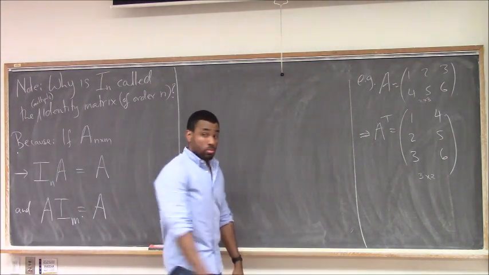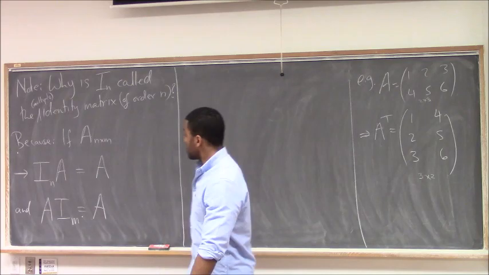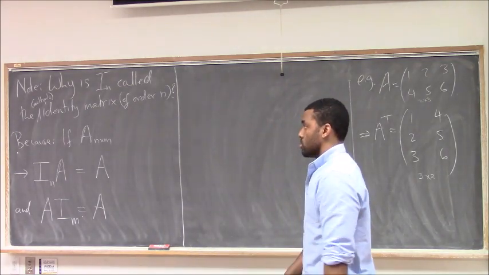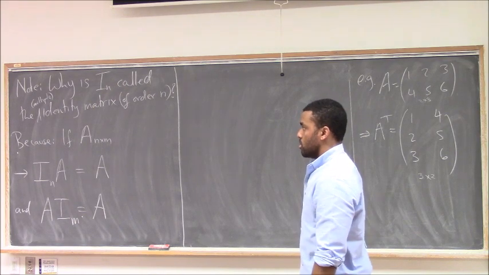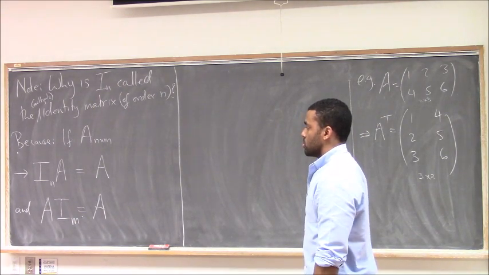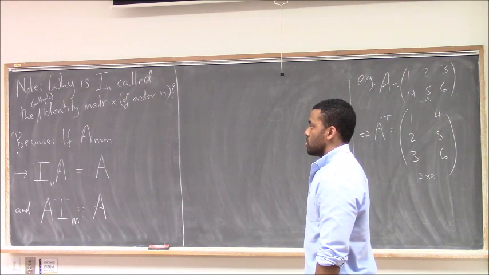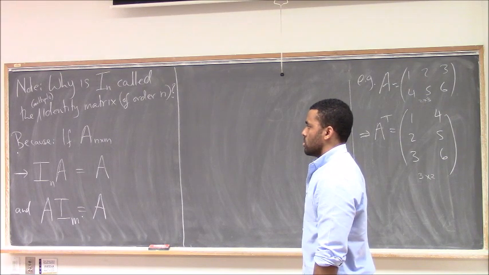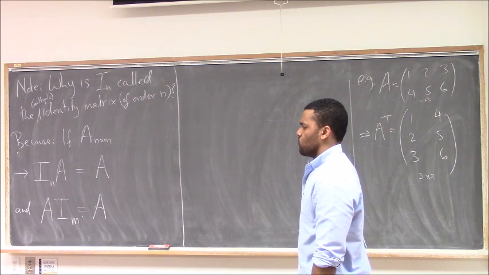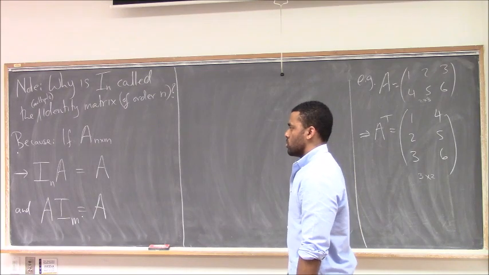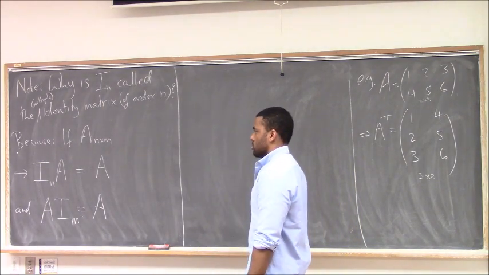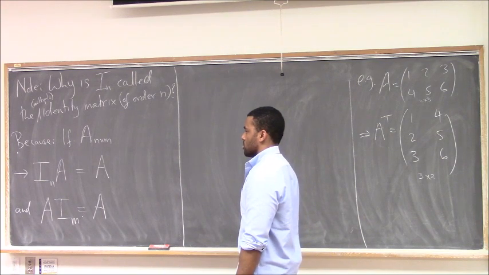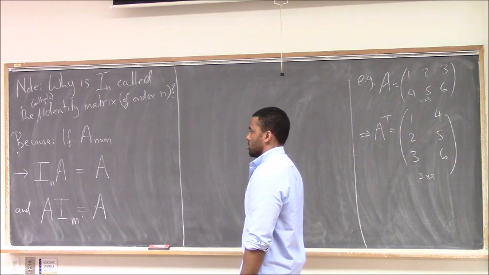I have a question. Let's say you do 3 times I, which is just changing the ones in the diagonal to 3, right? Could you just write 3 times A without writing out the whole thing? If you're multiplying 3In times A, could you just do 3A on a test, to not write out the whole thing?